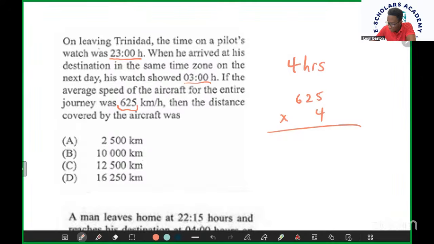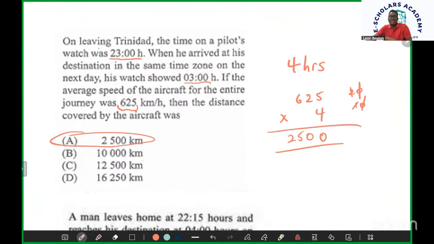So 4 times 5 is 20. 4 twos is 8, and 2 would be 10. So I put in a 0 here. 4 times 6 is 24, and 1 is 25. So 2500 km, which is A. Nice and easy, nice, cool, calm. Get our marks.